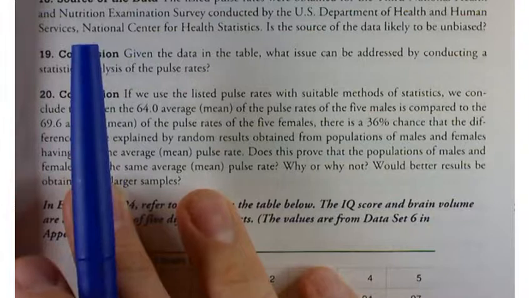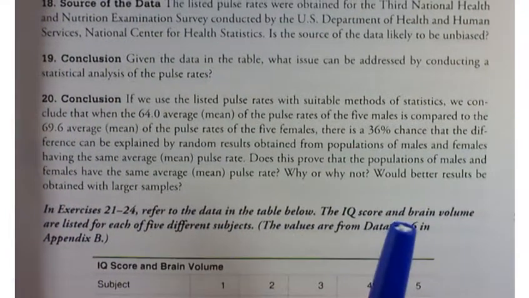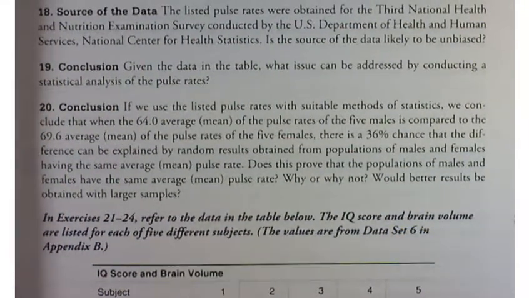Let's continue with problem number 18. It says, the listed pulse rates were obtained for the Third National Health and Nutrition Examination Survey conducted by the U.S. Department of Health and Human Services, National Center for Health Statistics. Is the source of the data likely to be unbiased?